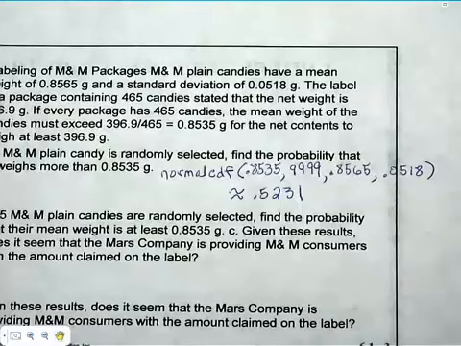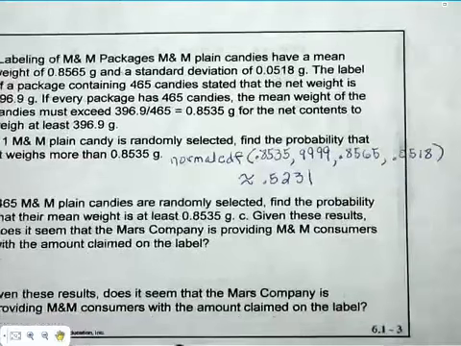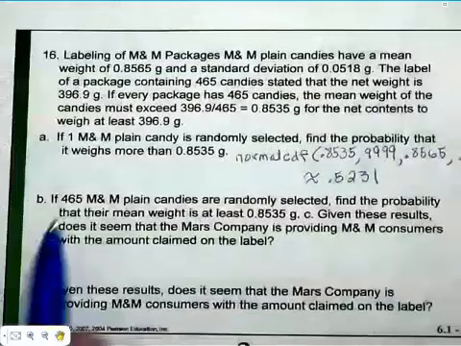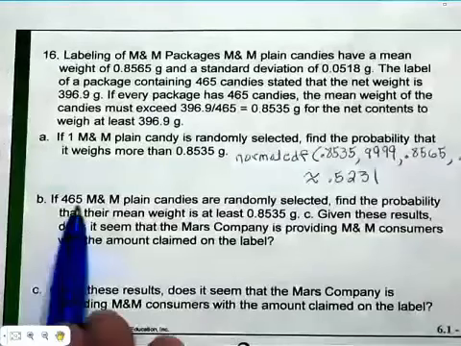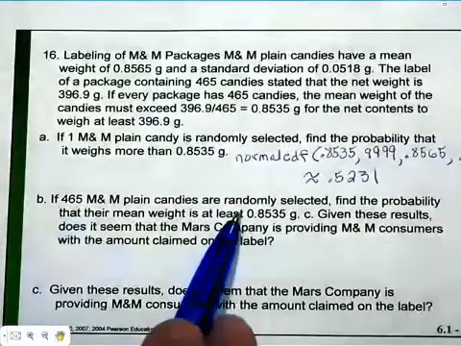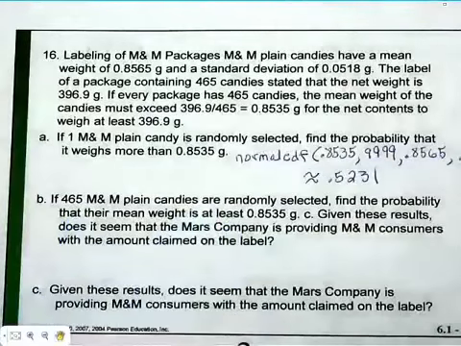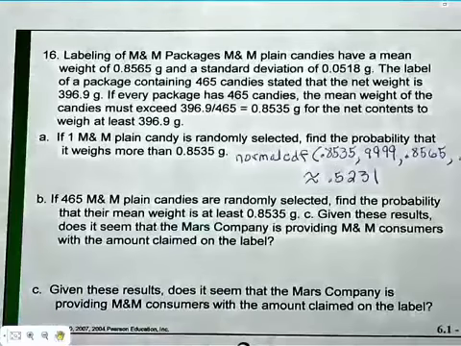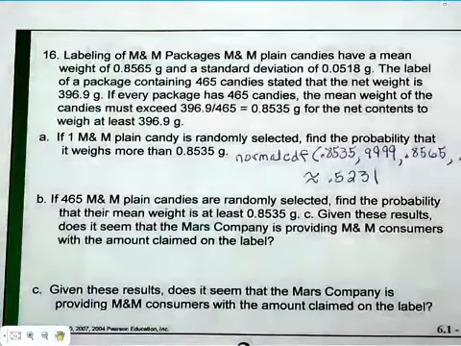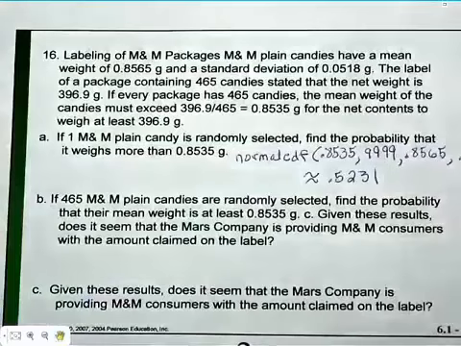But what if we had a whole bag randomly selected and we want the probability that their mean weight is at least 0.8535 grams?